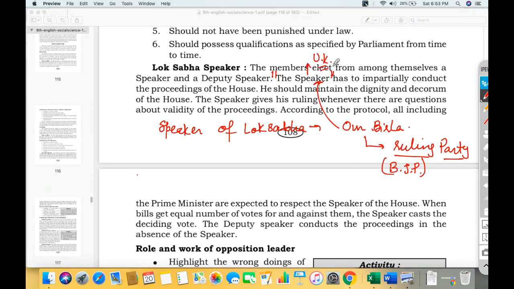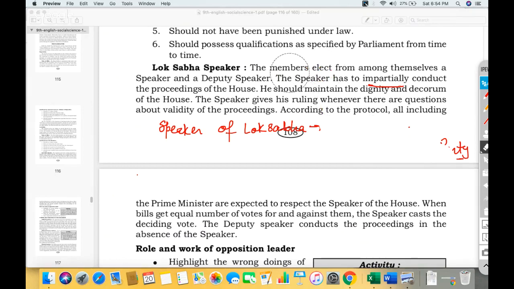A person who becomes the speaker of the House has to leave the membership of his party, and then he will be able to become the speaker. In India, this is not the case. The speaker need not shed the membership of the party, but he has to show impartiality while conducting the proceedings.